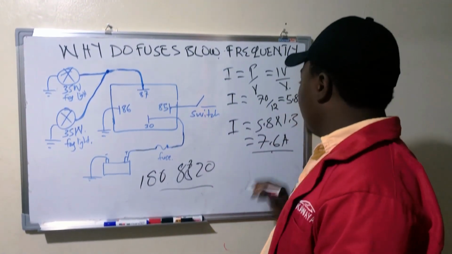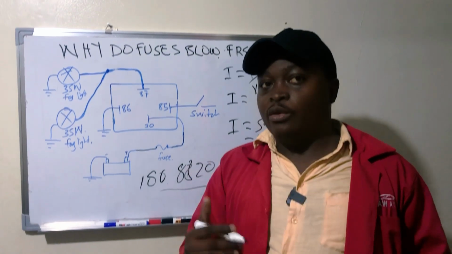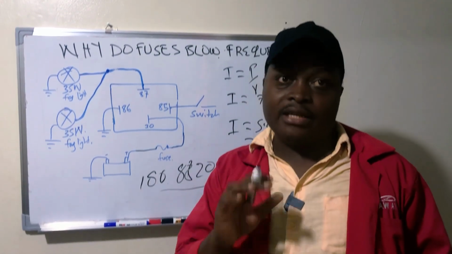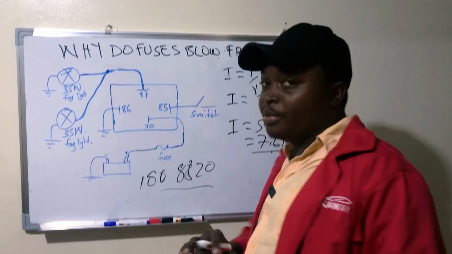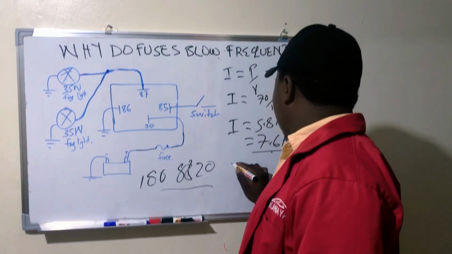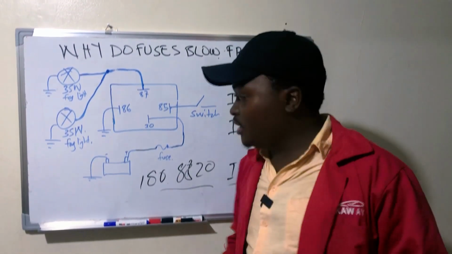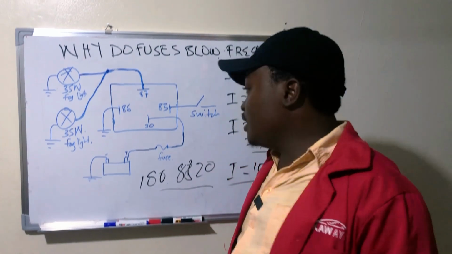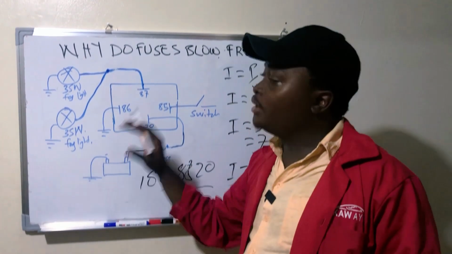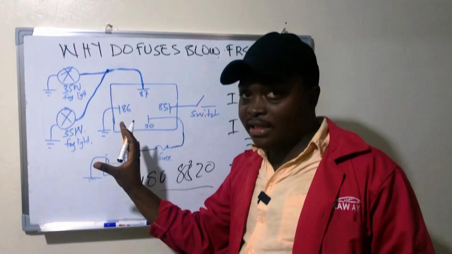So if you get a value of 7.6, you round off to the nearest standard value, and in this case it will be 10. So meaning that we will manufacture a fuse that is 10 amperes and we install it in our circuit here.